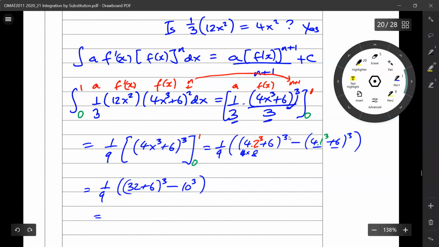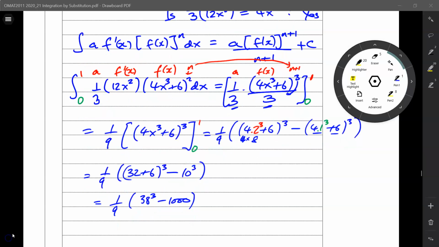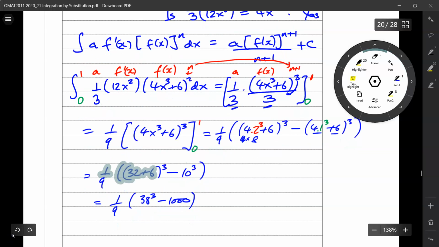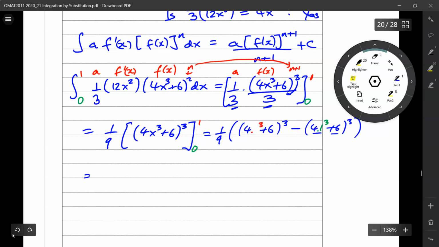So that is equal to 1/9 times 38 cubed minus 10 cubed. 10 squared is 100 times 10 is 1,000. Okay, apologies here. I put in the wrong limits again. So I'm making life hard for myself because that's a huge number. What I should have put up here was 1 cubed in here, and here I should have put in 0.